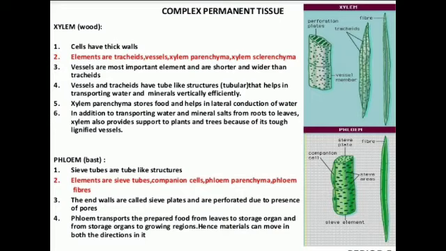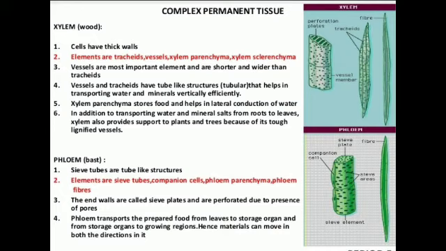While phloem conducts food material from leaves to different parts of the plant, and it is also made up of 4 types of cells, that is sieve tubes, companion cells, phloem parenchyma and phloem fibers. In xylem, all the tissues are dead tissues except xylem parenchyma, which is a living tissue.